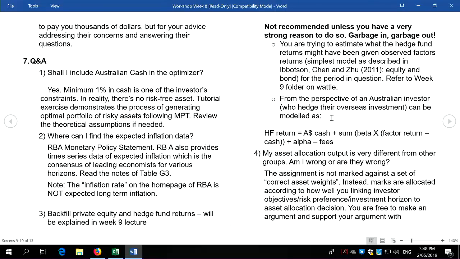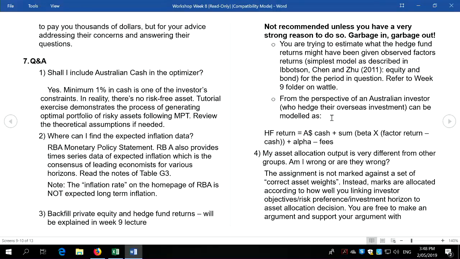The expected inflation. To forecast the expected inflation in Australia, you might read the monetary policy statement from the Reserve Bank of Australia, and they do provide a time series of expected inflation. You've got to read the notes, and they come with a horizon for the next 1 year or 2 years.